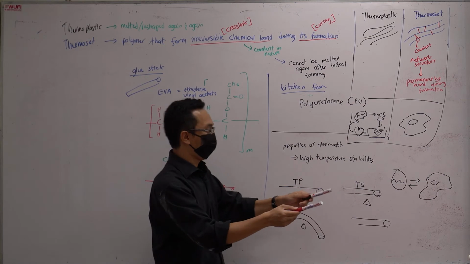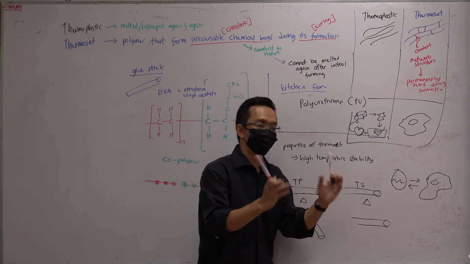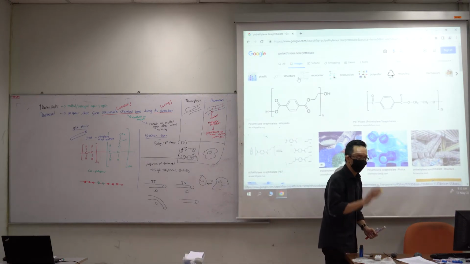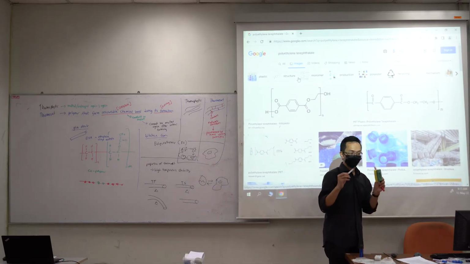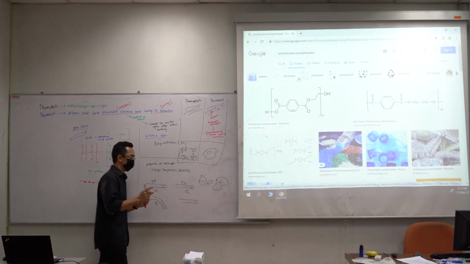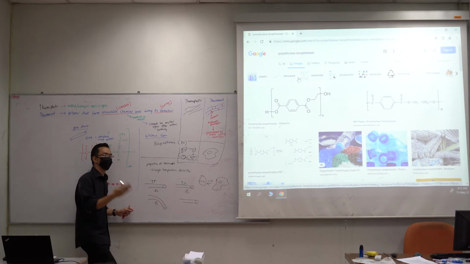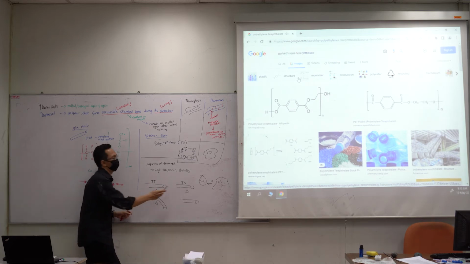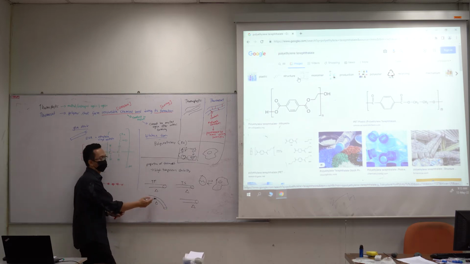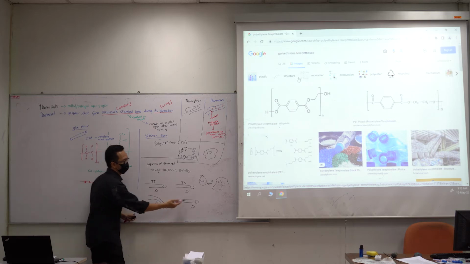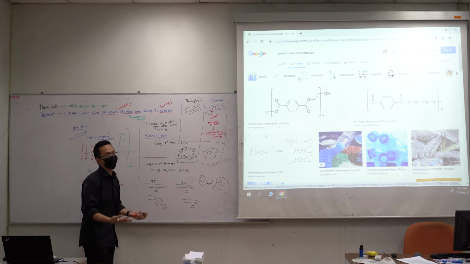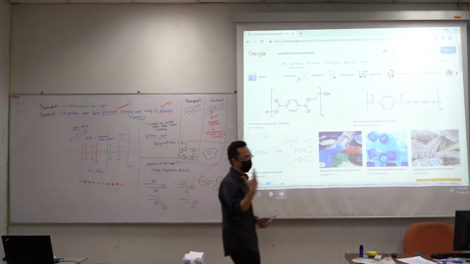The one that I showed just now is not an apple to apple comparison. You compared a dense solid with the foam, so you cannot make a fair comparison. But if you have two rods, same diameter, same density, one thermoplastic and one thermoset, when you heat them, this one will melt like that, and this one will retain itself until it reaches a certain temperature, then it burns or breaks down.